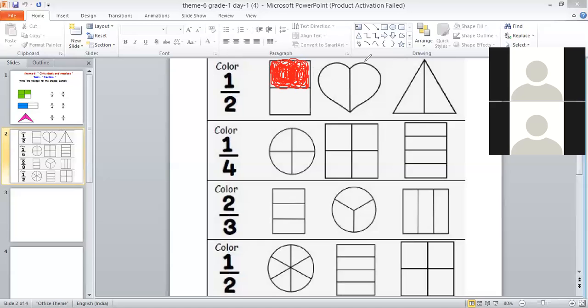Children, color any one part of this heart. This heart is divided into 2 parts and the fraction is 1 by 2. 1 by 2 means out of 2, you will color only 1, that is only one part of it.